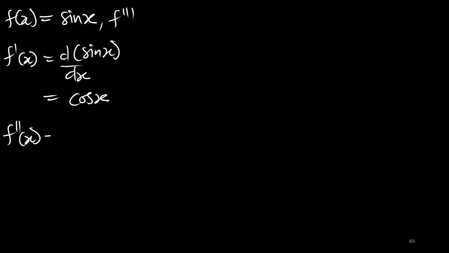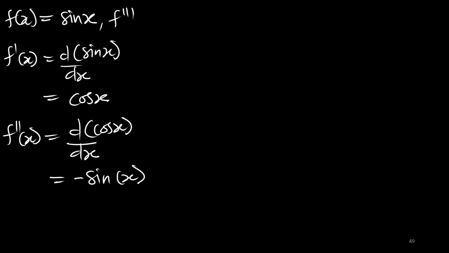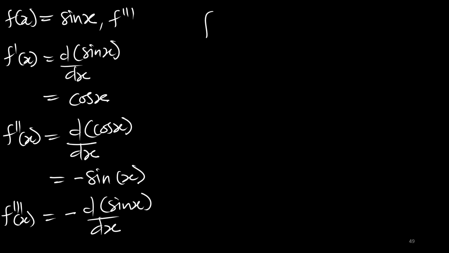Now we go to the second derivative. That's the derivative of cos x with respect to x. That is going to give me negative sine x. So in order to get the third derivative, we must also differentiate this derivative.